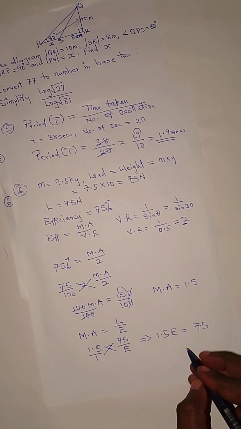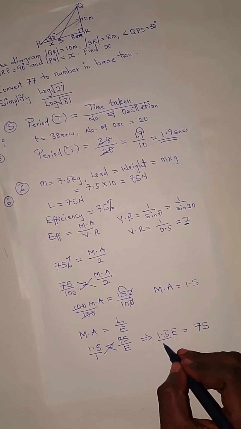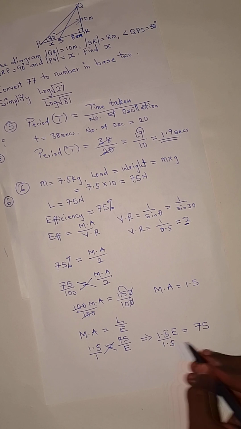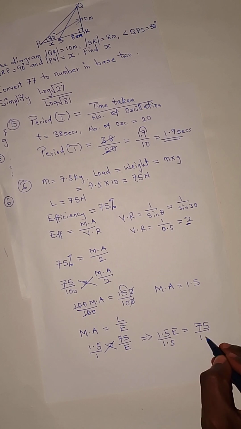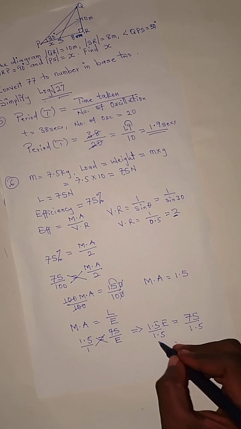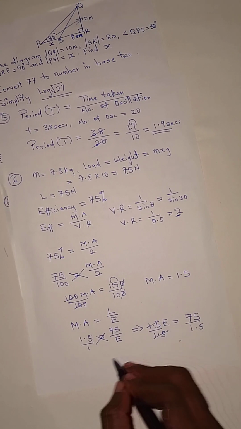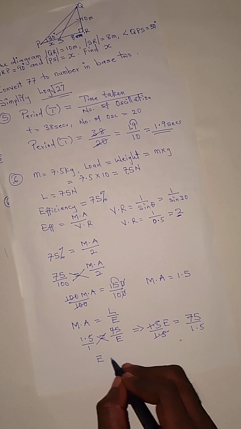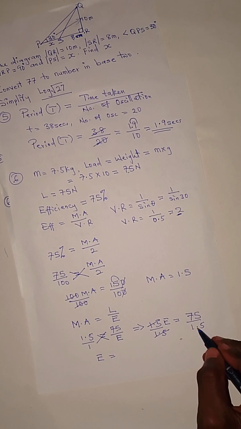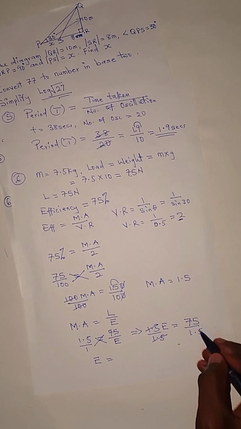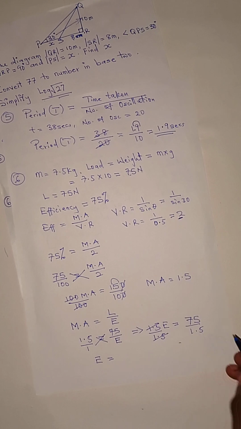Okay. So at this point, we can divide both sides by 1.5. So 1.5 will cancel 1.5 here. So E will be equal to 75 divided by 1.5.